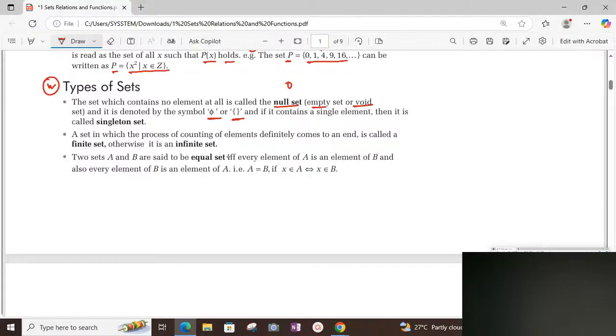If it contains a single element, then it is called a singleton set. If anybody asks what you mean by empty set, null set or void set: the set in which the number of elements is zero is known as the null, empty or void set. If the number of elements in a set is one, then we say this is a singleton set.